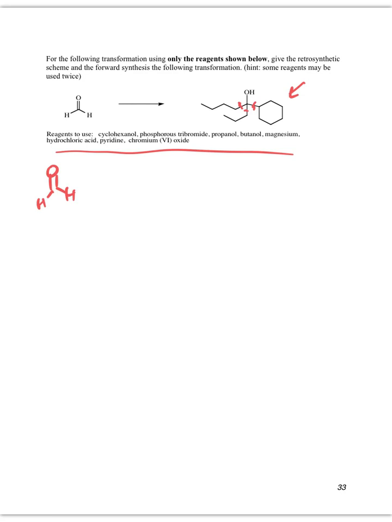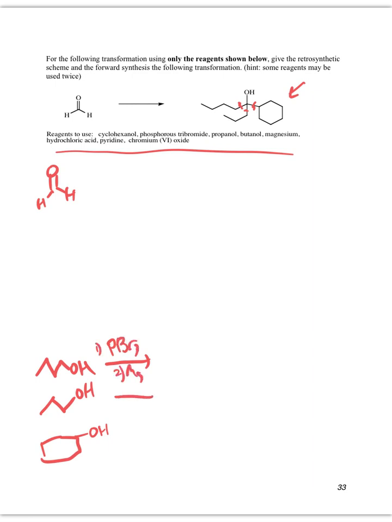We're going to have to take all 3 alcohols, the cyclohexanol, the propanol, 1-propanol, and the 1-butanol. And to all three of these, we're going to have to add PBr3 followed by magnesium.